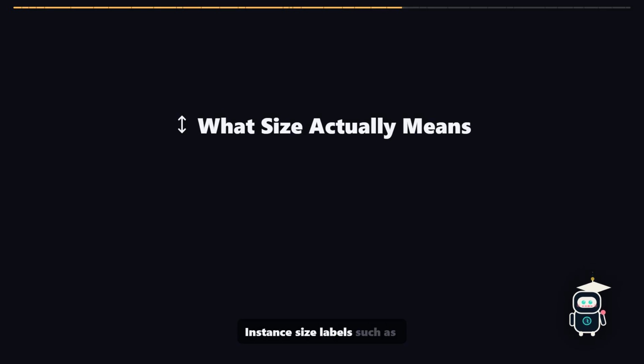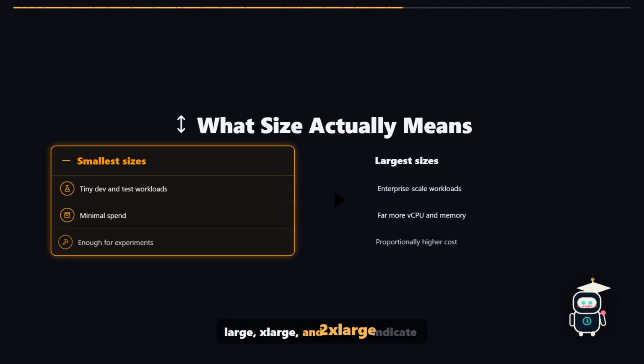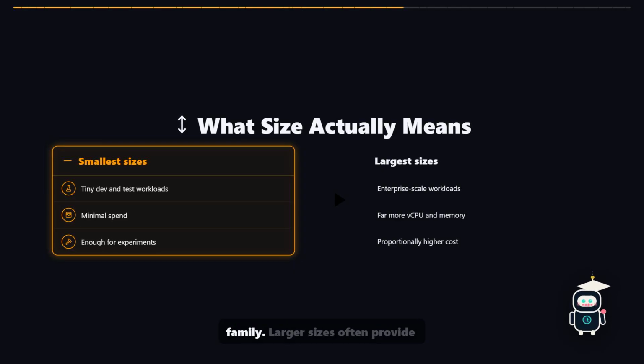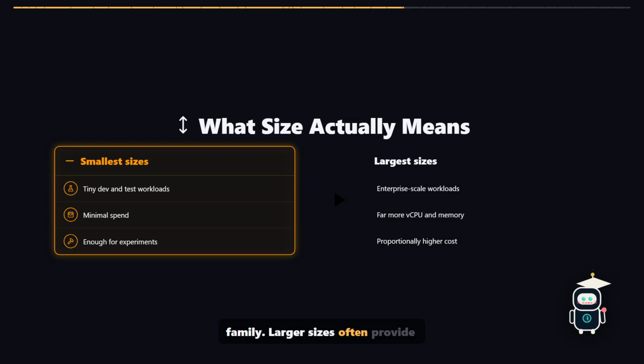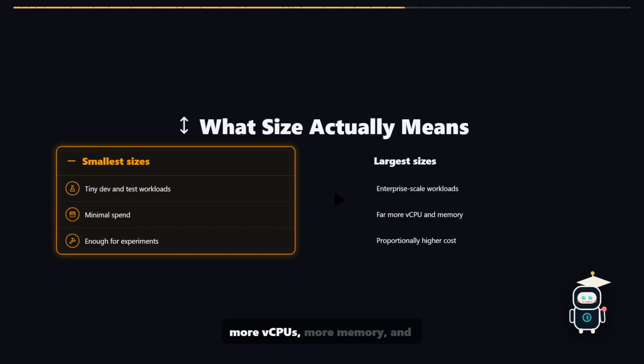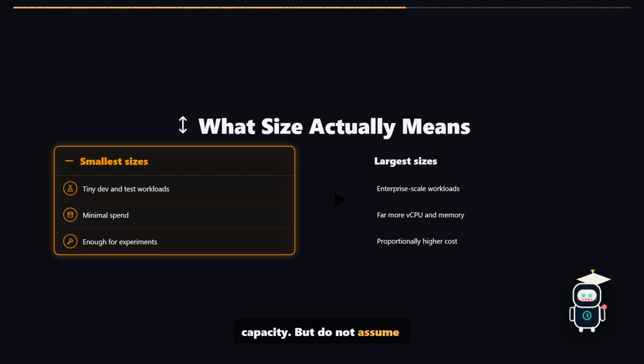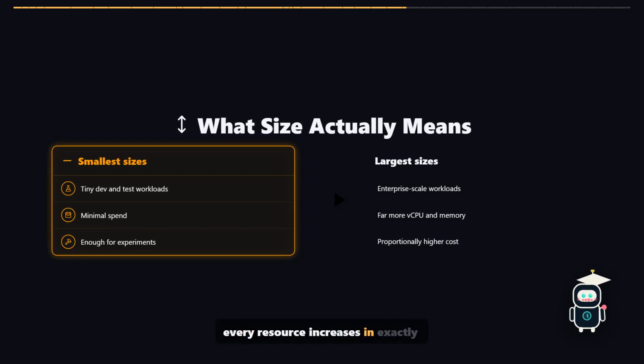Instance size labels such as large, X-large, and 2X-large indicate different capacity points within a family. Larger sizes often provide more vCPUs, more memory, and potentially higher network or storage capacity. But do not assume every resource increases in exactly the same ratio across every family and size.